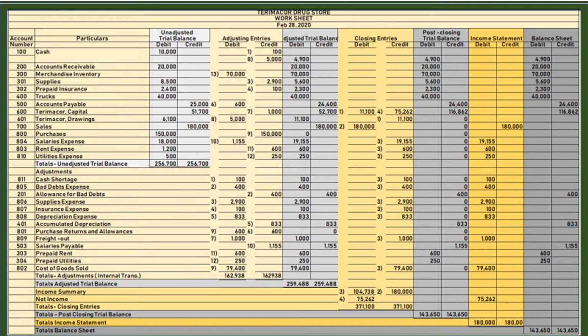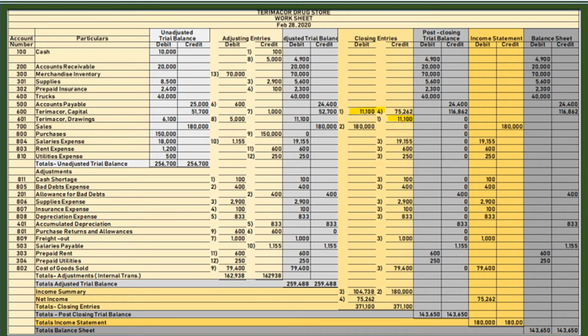So we're going to see the effects of the closing entries on the accounts in the adjusted trial balance. So we have already identified the accounts to be closed. We have the drawing here, which is closed to the capital, and the individual expense accounts.